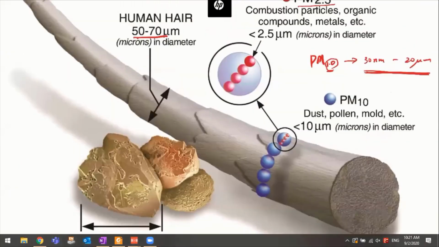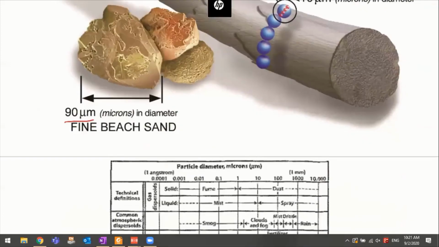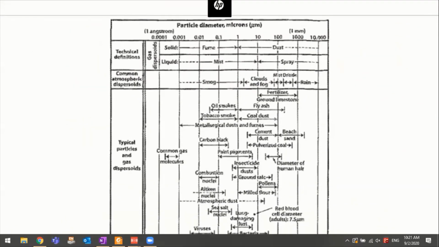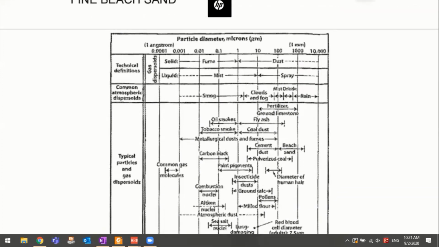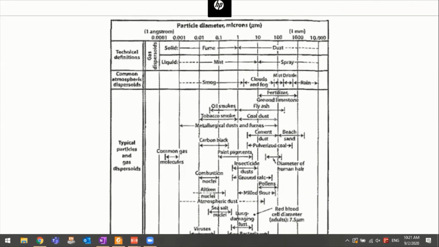So this is again the demonstration of the particles with different sizes. And if you're interested, you can also go through the textbook. I think it's chapter 3. They have a table there showing the general sizes of different PM in the air. So for example, let's say fly ash, from coal combustion.